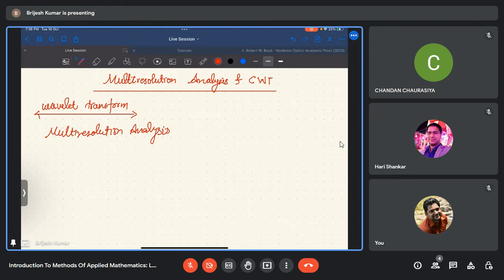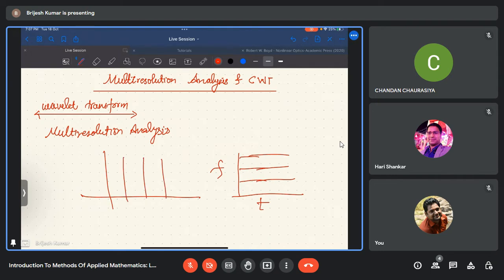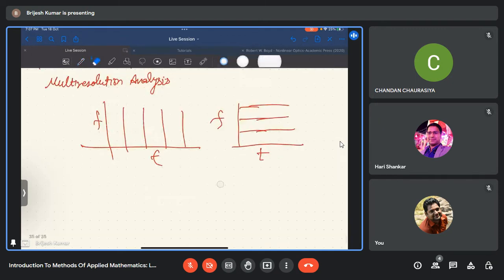You saw the video. It starts with multi-resolution analysis. In the Fourier transform, we know that the frequency part of the signal is there, like we have the resolution in frequency only. This is frequency and this is the time section. And in the short-time Fourier transform, we have the time resolution, but not the frequency resolution.